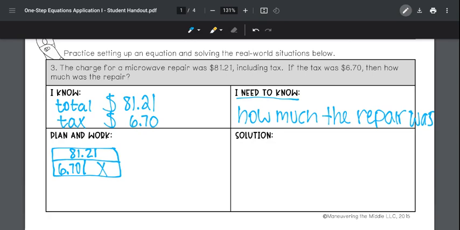So we know that our equation would be $6.70 plus X equals $81.21. So to get X by itself, to figure out how much the repair was, we've got to subtract $6.70 from each side.